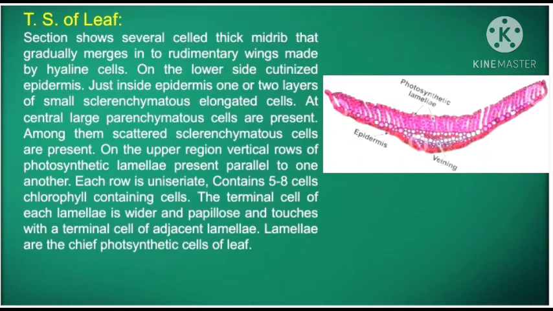They are rich in chlorophyll and carry out photosynthesis, which is why the lamellae are also called the photosynthetic cells of the leaf. The lower region is somewhat a storage region, where food is stored. There are also some sclerenchymatous cells in the lower region for mechanical strength. This is the anatomy of the leaf of Polytrichum.